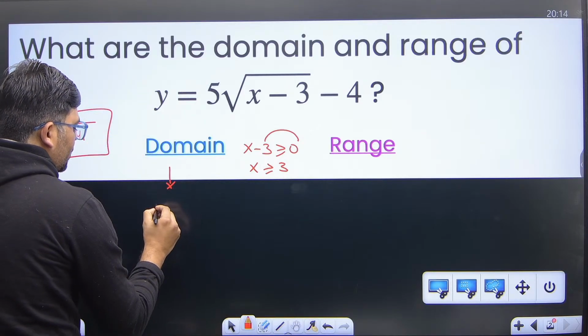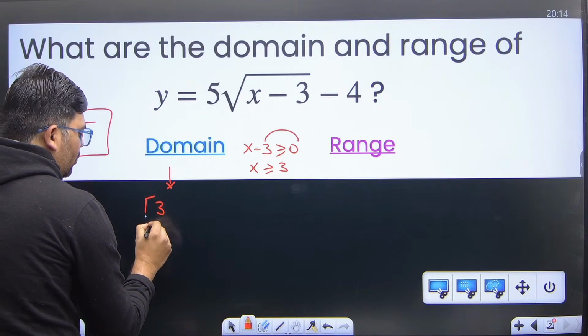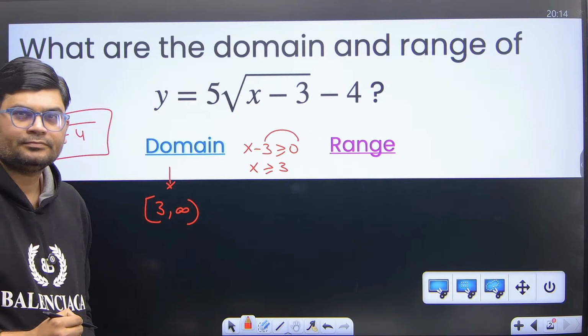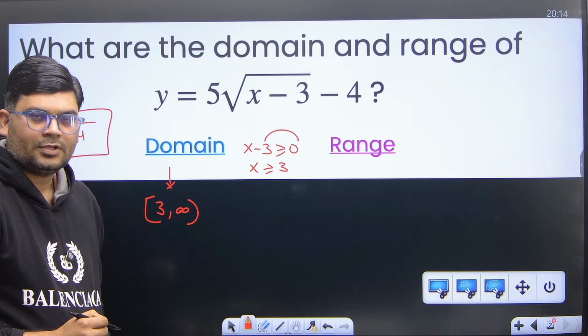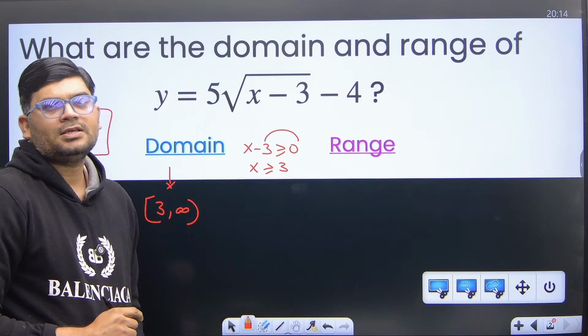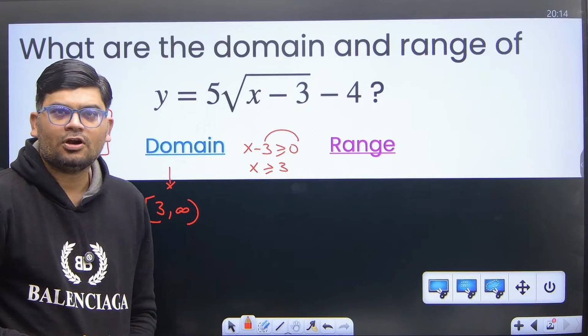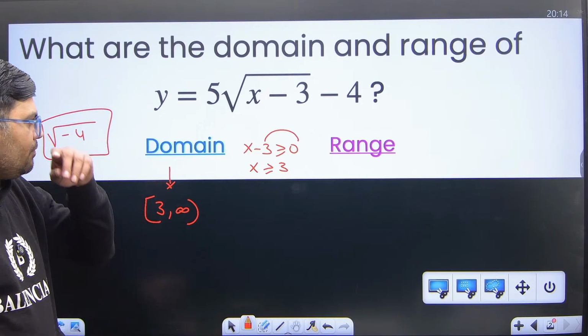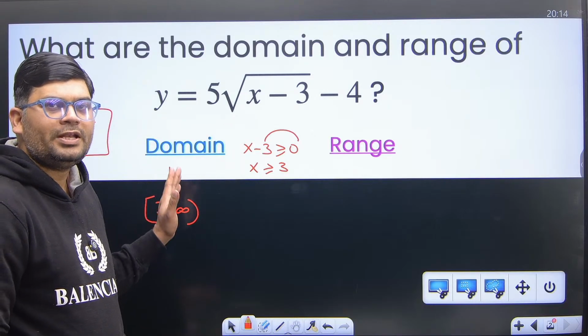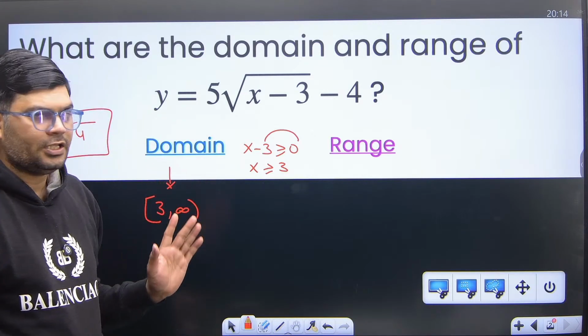It is 3 to infinity. You can't have x as 2 because 2 minus 3 will be minus 1, and the square root of minus 1 is not defined. So the minimum value you can have here is 3, and the domain starts from 3 and goes up to infinity.